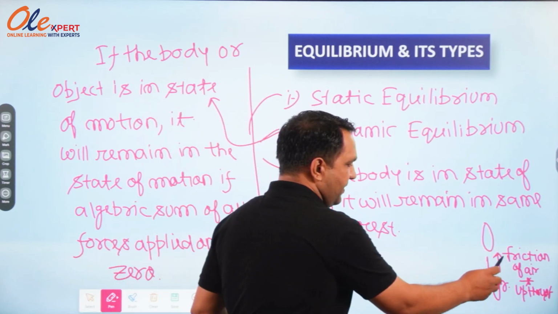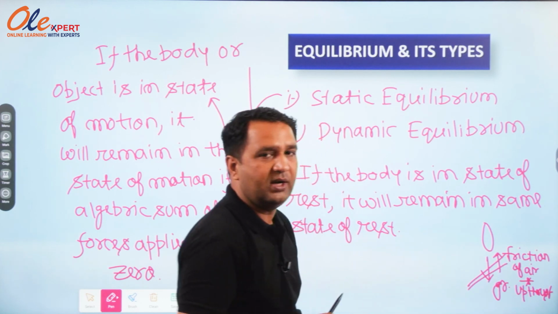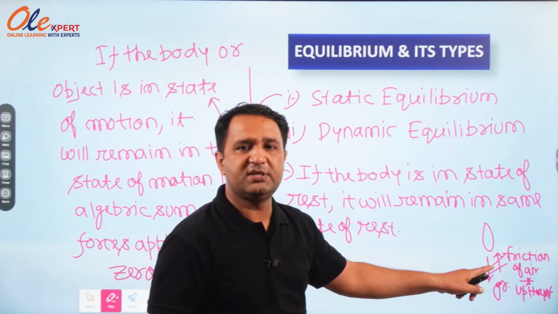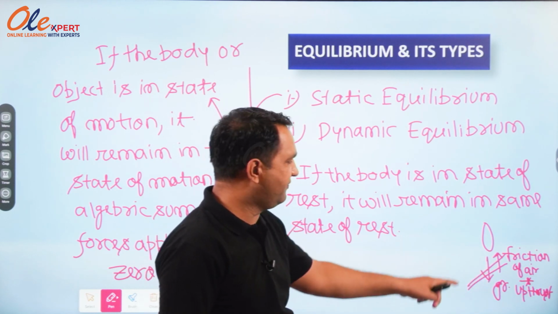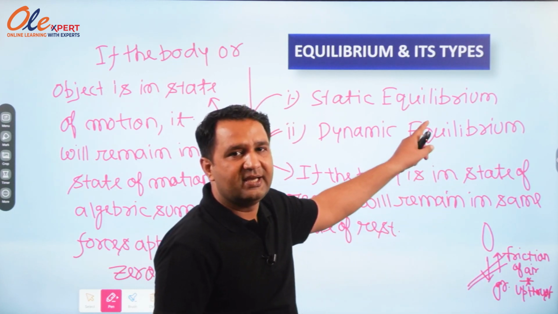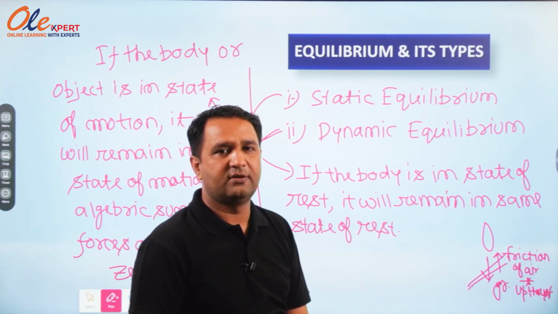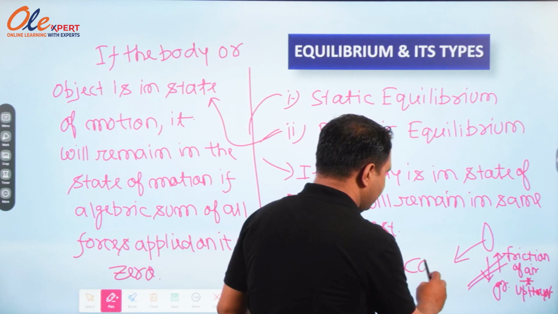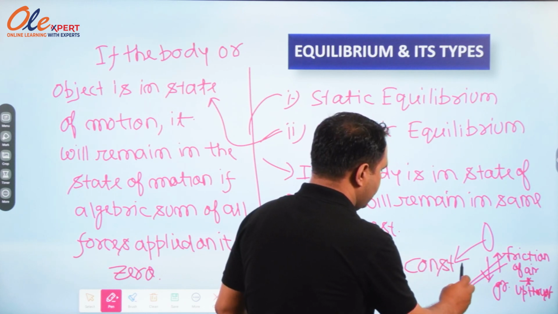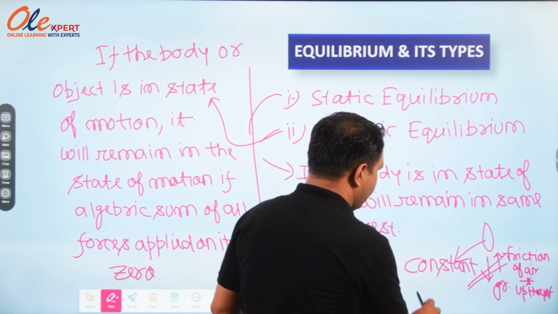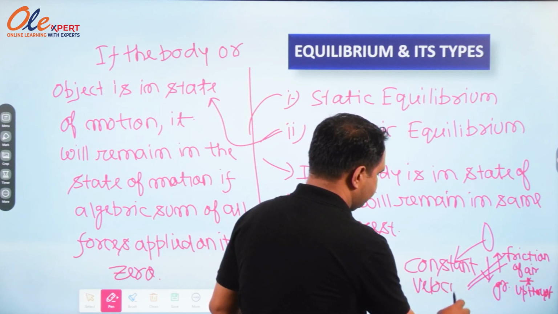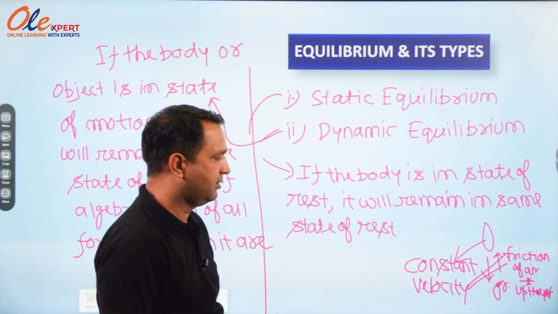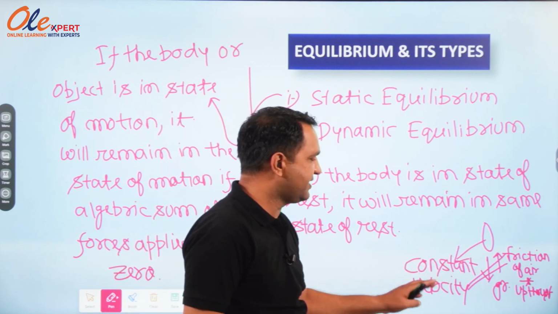Both forces will cancel since they are equal and opposite. So the net force on this raindrop will be 0 and it will be in a dynamic equilibrium state. Why? Because it will be in a constant velocity state. It will have constant velocity. There is no acceleration, right? So it will get constant velocity.